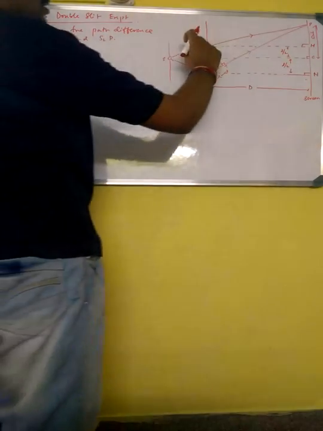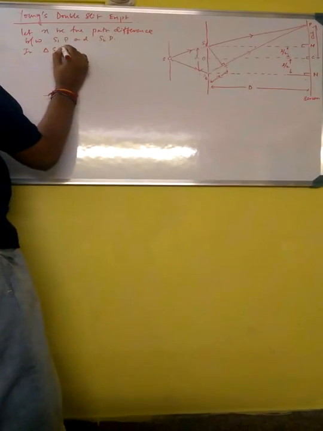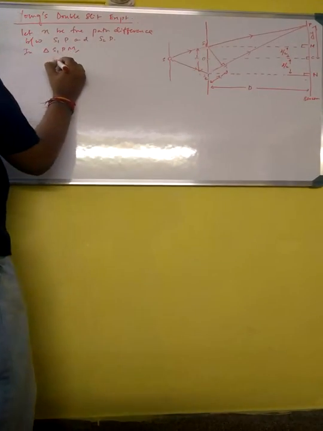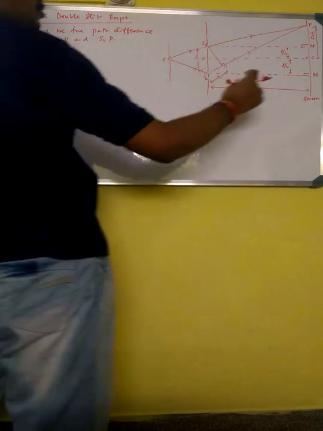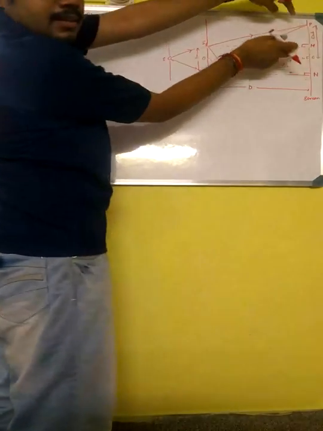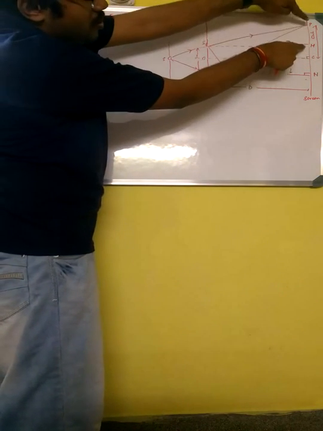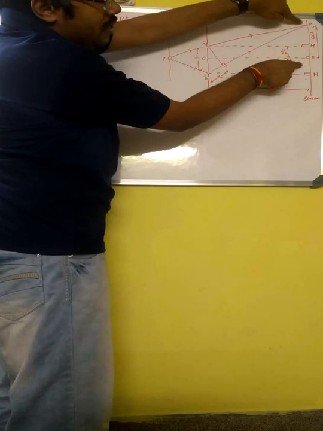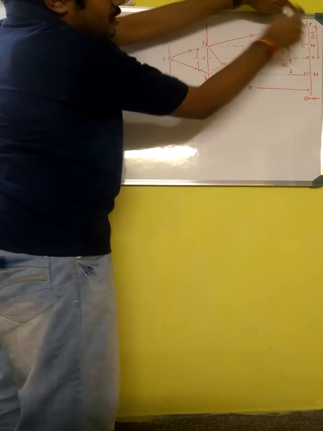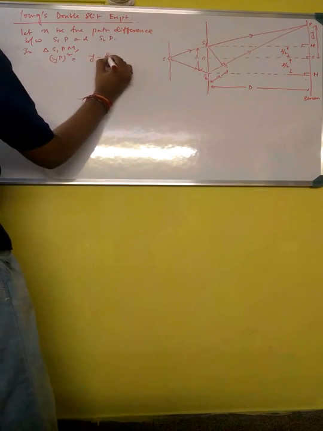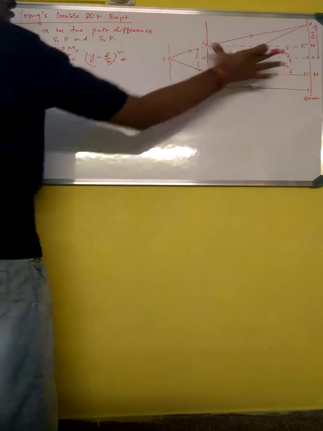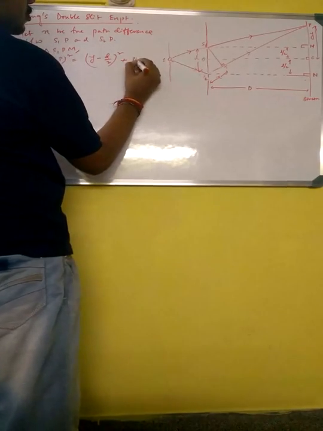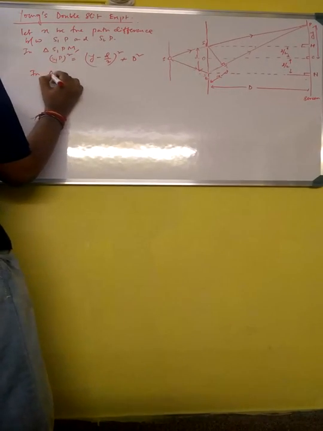In triangle S1PM, S1P squared is equal to y minus d by 2, which gives us PM, whole squared, plus this length, which is nothing but D, so D squared.